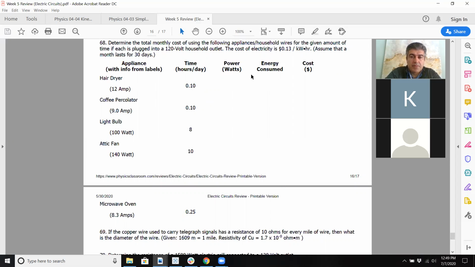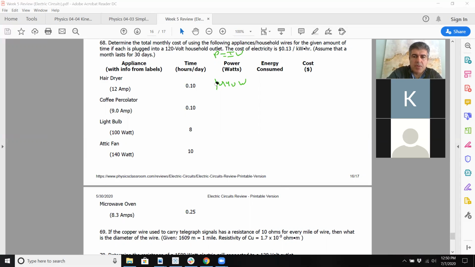Remember, and this is also 120 volts. So remember, P equals IV, and your voltage right now is 120. So you're just doing 120 times 12. So how many watts is that? Actually, I'm going to convert these to kilowatts, just so you know.